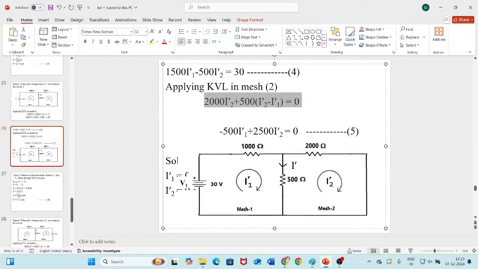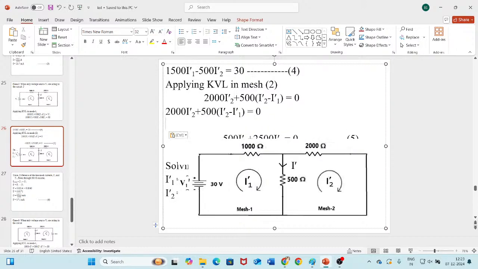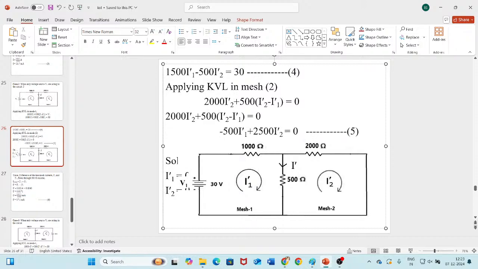There is no voltage source, so the whole term is equal to 0. So 500 I2 dash, here once again I will write 500.